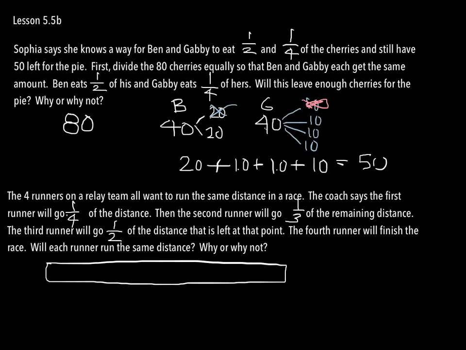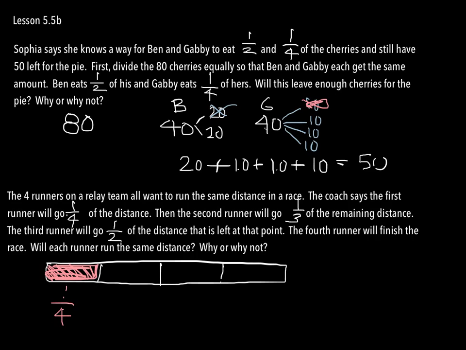The first runner is going to run 1/4 of the distance, so we're going to cut this into 4 pieces, and runner number 1 is running 1/4.